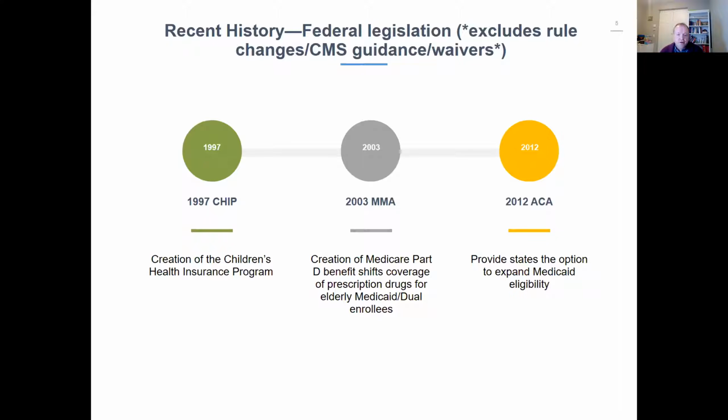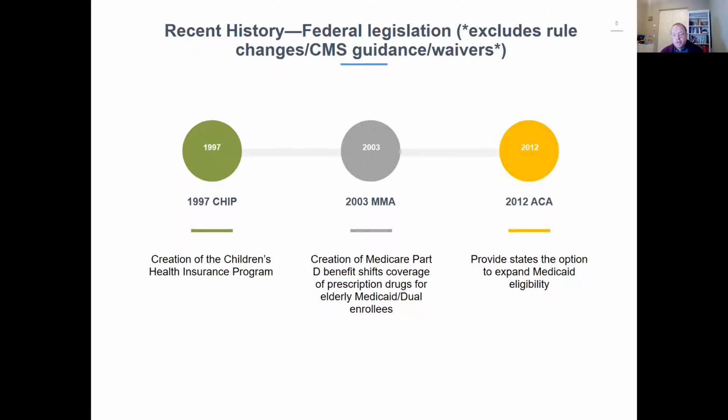You can also see that there are a number of different policy changes, sometimes in programs that are not specifically Medicaid, but they have implications for Medicaid. So we have the Children's Health Insurance Program in 1997, the Medicare Modernization Act in 2003, which created the Part D benefit. So that shifted coverage of prescription drugs for elderly Medicaid dual enrollees, so people who are on both Medicare and Medicaid.